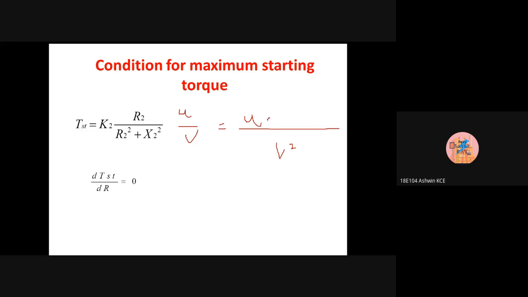U dash V minus V dash U, sir. Can we say U dV minus V dU? Yes, sir. That is all the formula. You tell the answer. So this is the actual formula: U dV minus V dU divided by V squared. You try to solve and post the answer in the chat box.